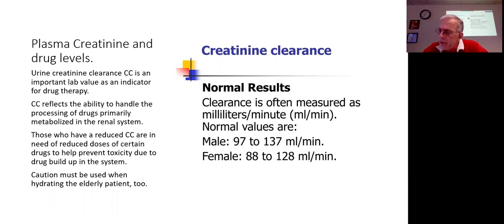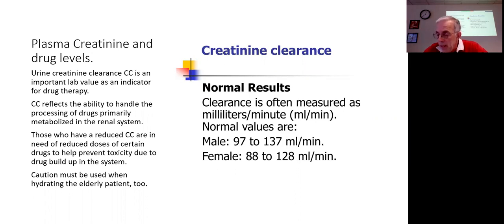Protein in the urine is an abnormal finding. That could be from a number of different reasons. It could be due to lactic acidosis, or the kidneys just aren't balancing and retaining protein.